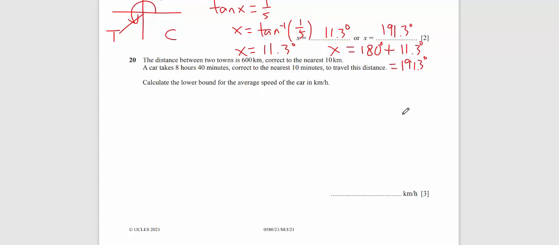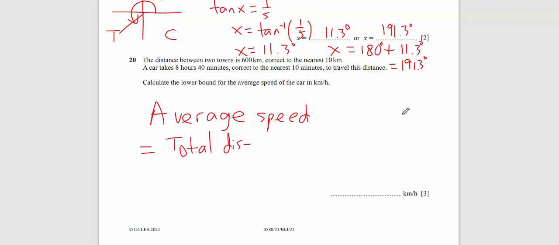So to find the lower bound, we know the average speed will be the total distance divided by the total time.